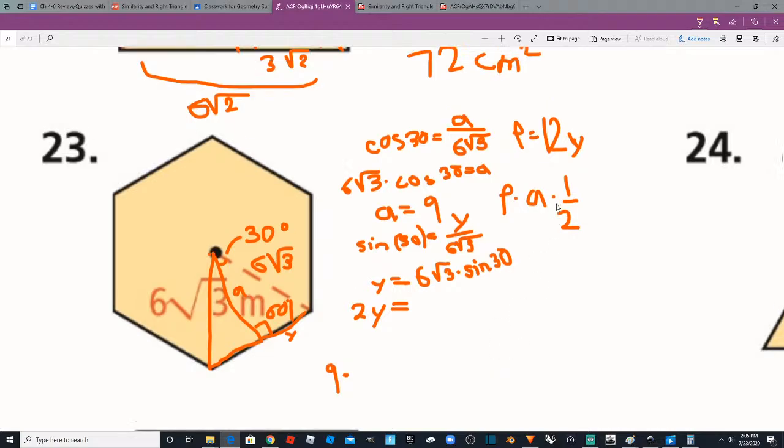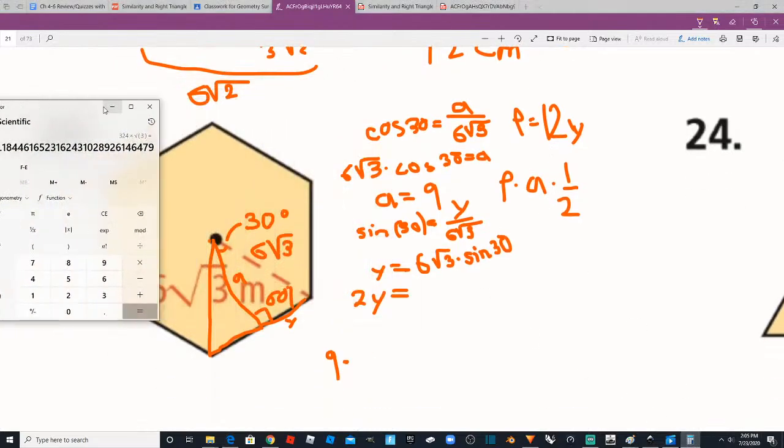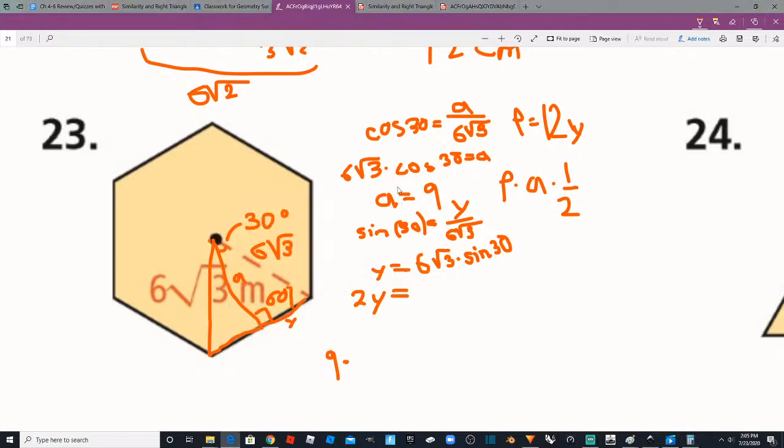Okay, so I'm gonna work this out. You have our apothem, multiply that by 12 times y. So we have 72.